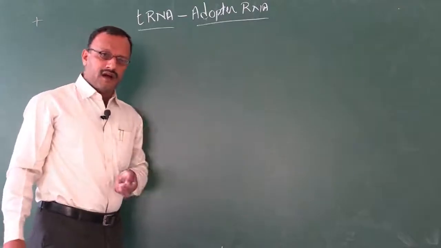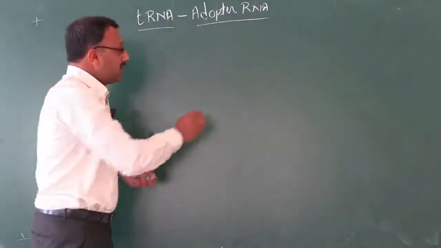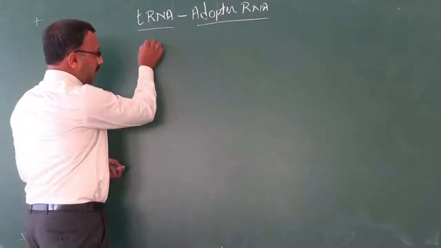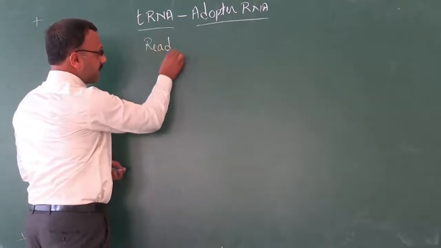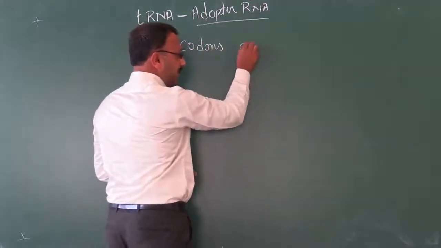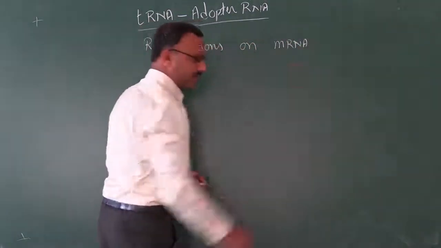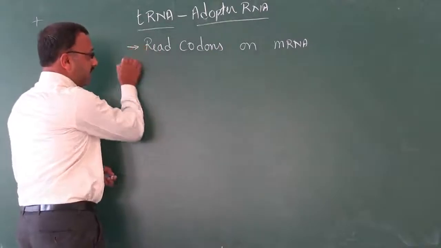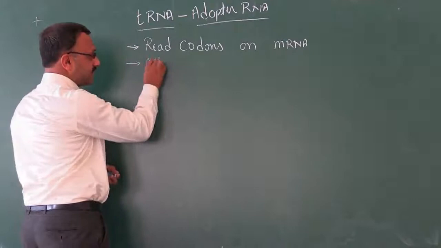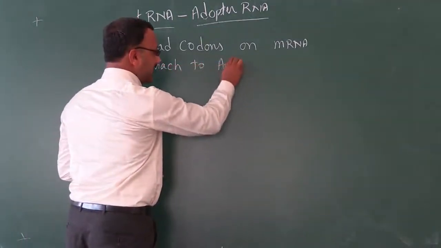It is called adopter RNA because it has a very important role to read the codons present on mRNA. Another one, it is going to attach to amino acids.